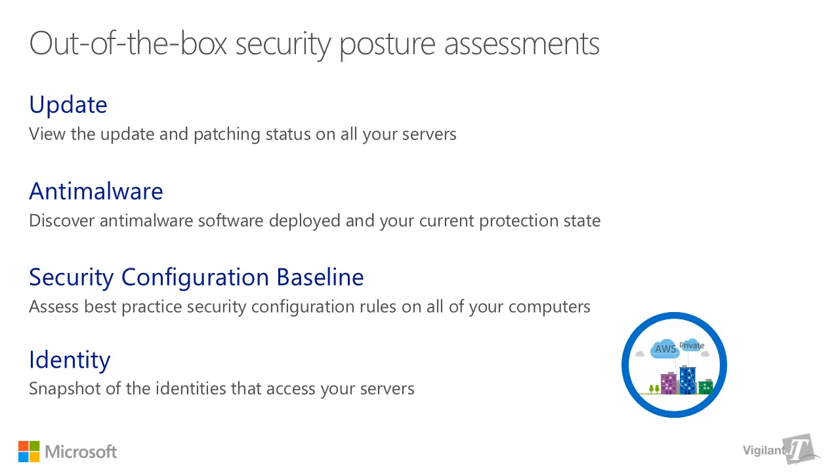Anti-malware. OMS gives you state-of-the-art anti-malware on the servers. This option enables you to quickly identify computers with insufficient protection and computers that are compromised by a piece of malware. Security Configuration Baseline. Microsoft, together with industry and government organizations worldwide, including the US and UK government, defines a Windows configuration that represents highly secure server deployments.